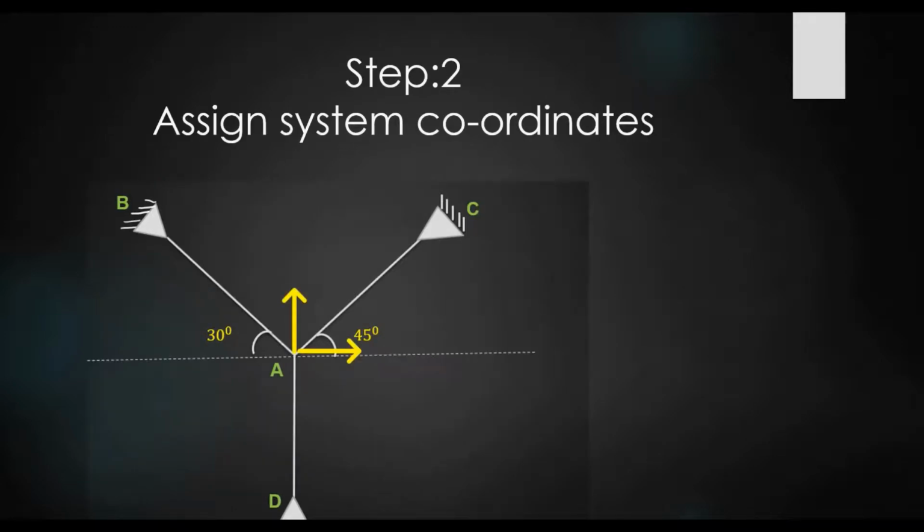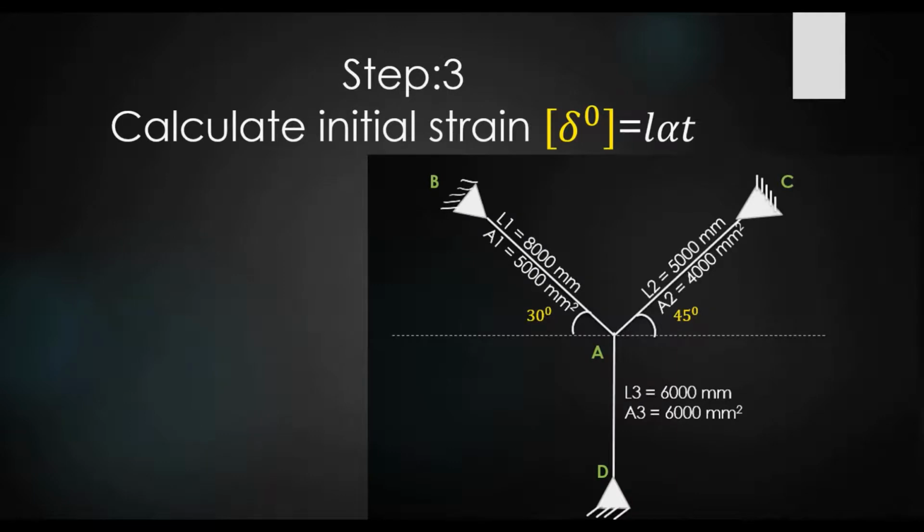Now we will assign system coordinates according to the degrees of freedom or kinematic indeterminacy. Since dk is 2, we will provide 2 system coordinates, one horizontally and one vertically. And third step is to calculate the initial strain. As we have an equation for initial strain, so we have 3 members.